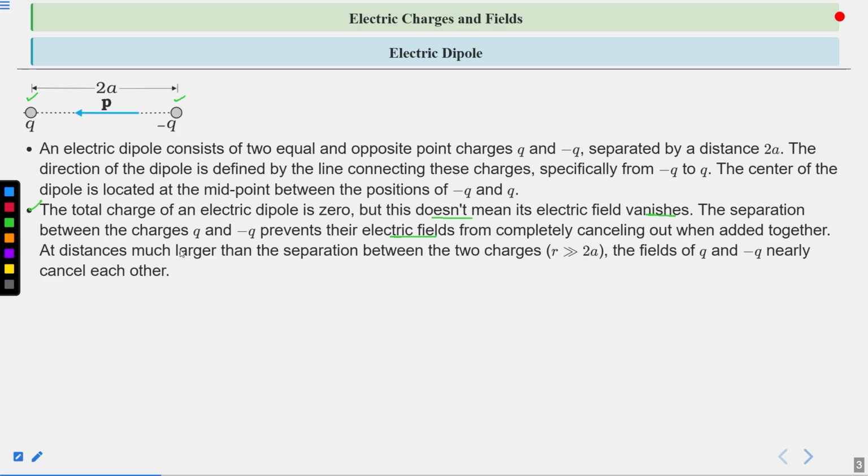At distances much larger than the separation between the two charges, suppose the separation is 2a, if the distance is much larger, or we can say r is greater than 2a, in that case the fields of charge plus q and charge minus q nearly cancel out.